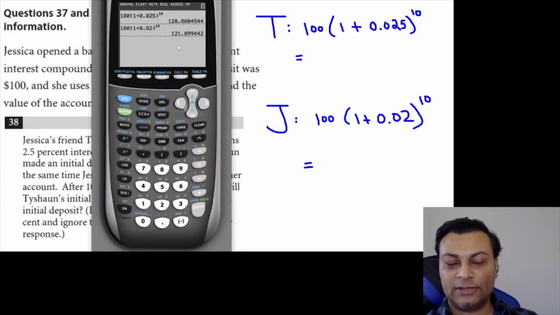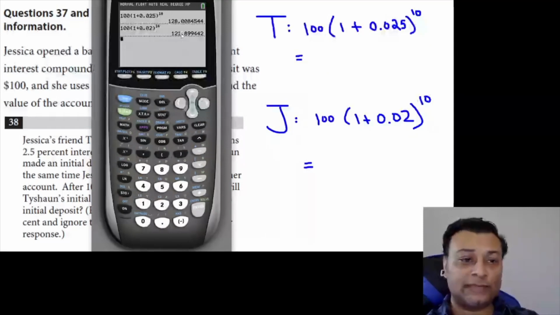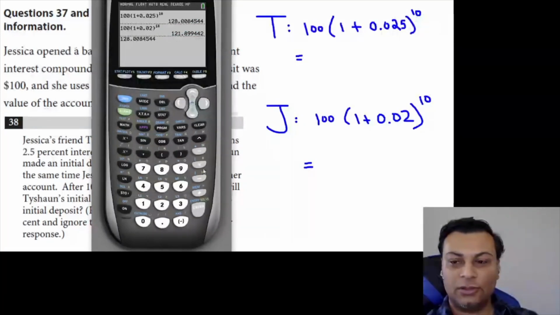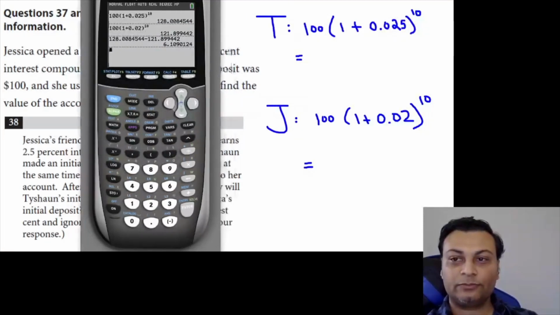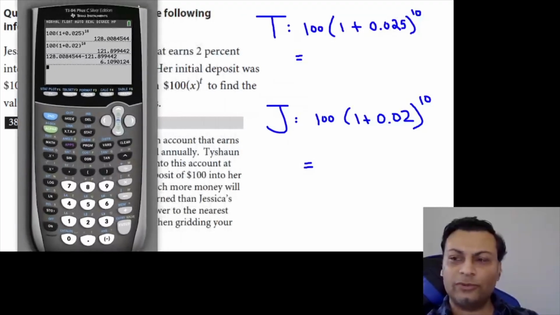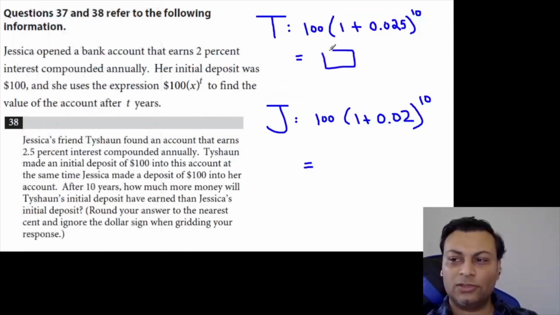And that's Jessica's amount. We have to subtract them. So a faster way to subtract them than to write everything down is to just grab this amount, enter, minus this amount, enter, and this is the difference, 6.1090, etc. And we were never really interested in what this number was or what this number was.